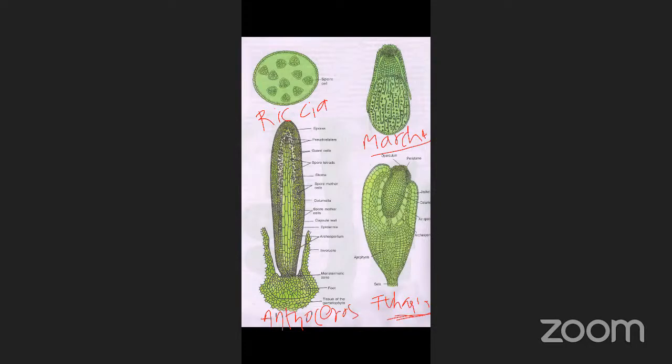First in Riccia, what are the parts you observed? Spore cell, and you can see the calyx also. Actually, in the sporophyte, three distinct parts are there. What are the three parts of the sporophyte?